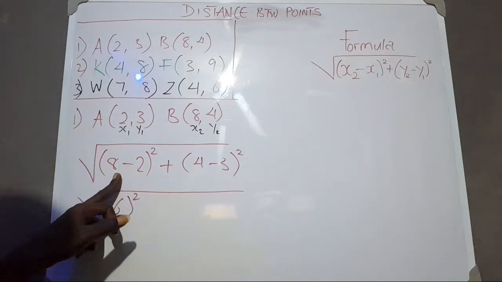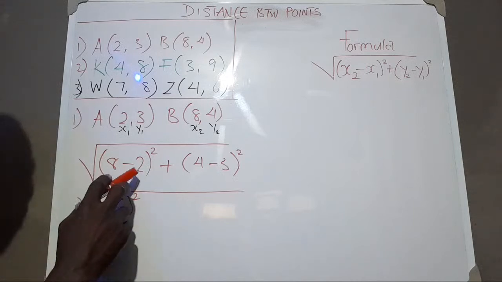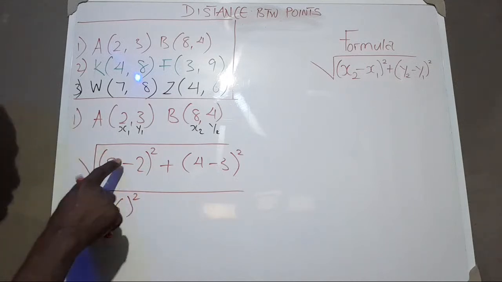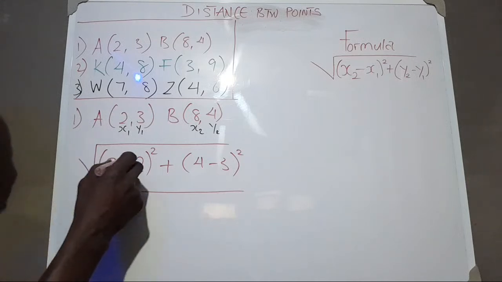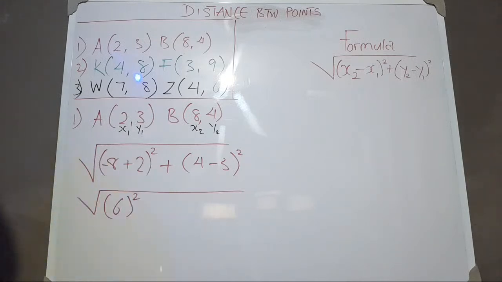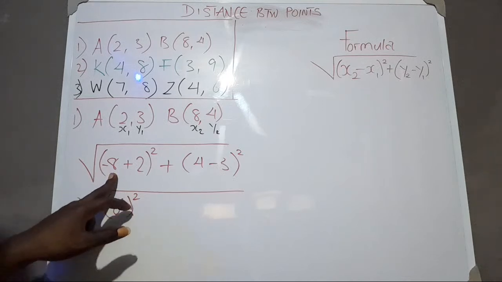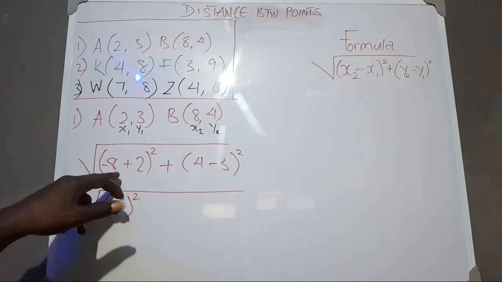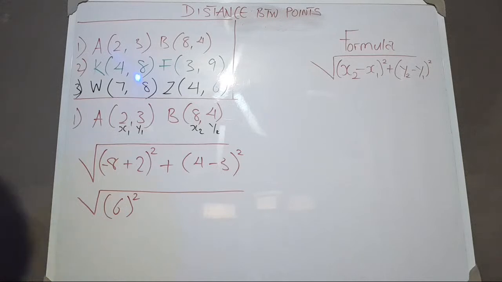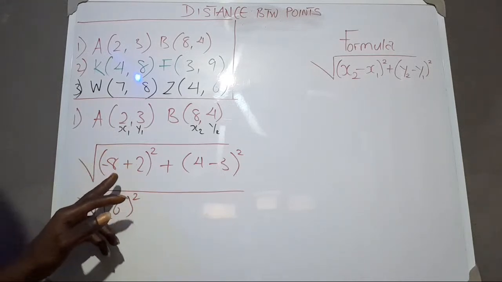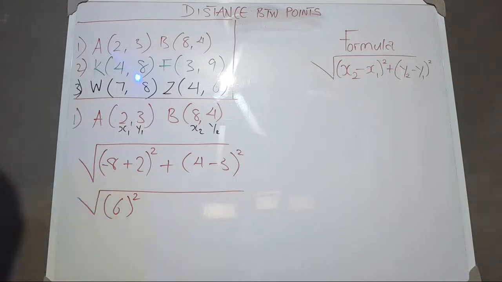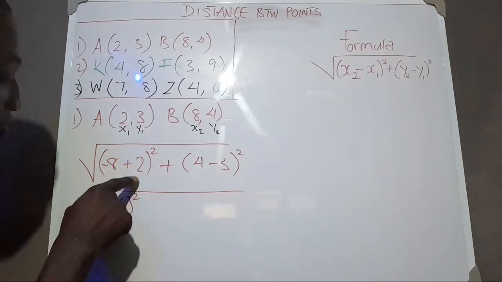If 8 happens to be negative and 2 happens to be positive, in the sense that if we have minus 8 plus 2, then it would have been a different case, meaning that you are owing 8 naira. As an accountant, you are owing a deficit of 8 naira, and you have cash at hand of 2 naira.